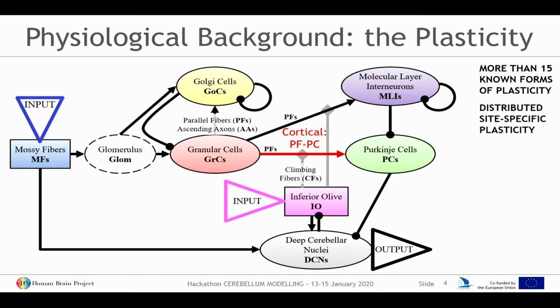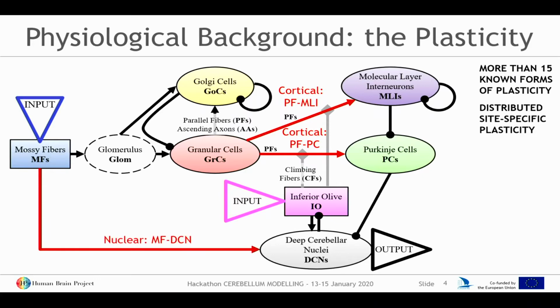The first ones we can call the cortical plasticities, because they are limited to the cerebellar cortex, where Purkinje cells, granule cells and molecular layer interneurons are. The first one is between granule cells and Purkinje cells, the parallel fiber to Purkinje cell plasticity. The second cortical plasticity is between parallel fibers and molecular layer interneurons.